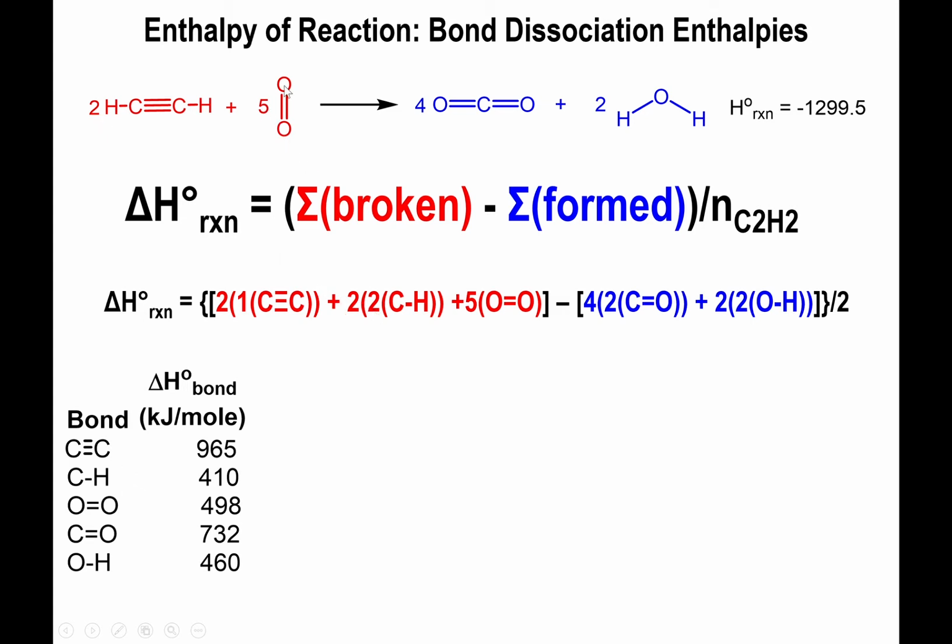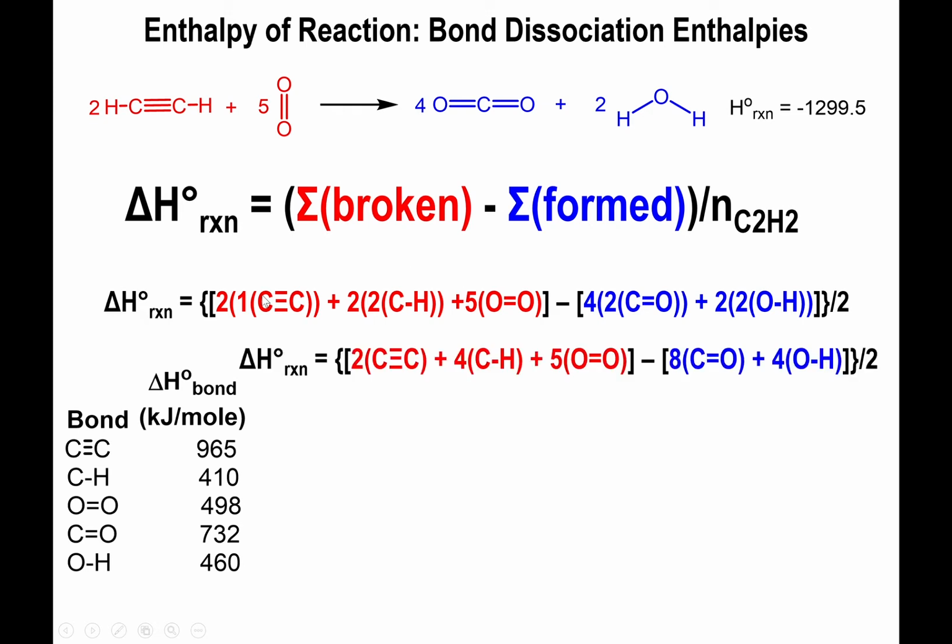You have 5 oxygen-oxygen double bonds present. You have 2 carbon-oxygen double bonds in the product, and you have 4 of those CO2 molecules present, so you multiply 4 by 2. You have 2 OH bonds in water, and you have 2 waters present, so you multiply 2 by 2. And notice that I'm keeping the reactants together and the products together.